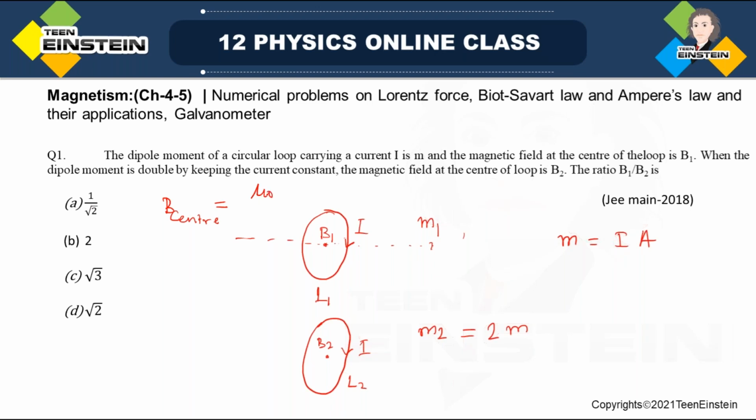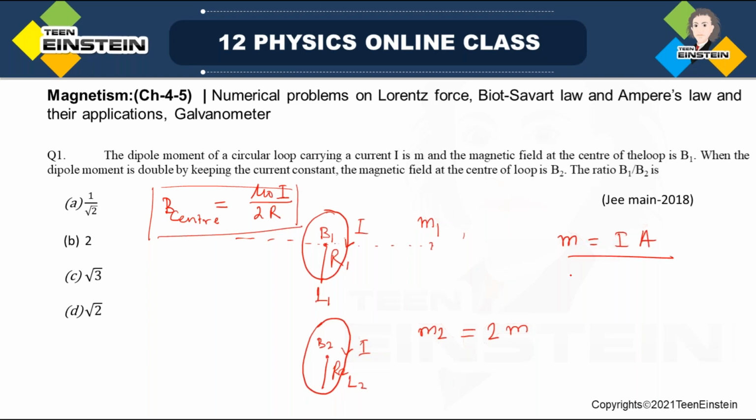If this is r1, let us say this is r2. This is the master formula which you should remember, mu0 I by 2r. This is the magnetic field at the center produced by a coil when current I is flowing through it. We are just taking the magnitude because nothing else is important here.